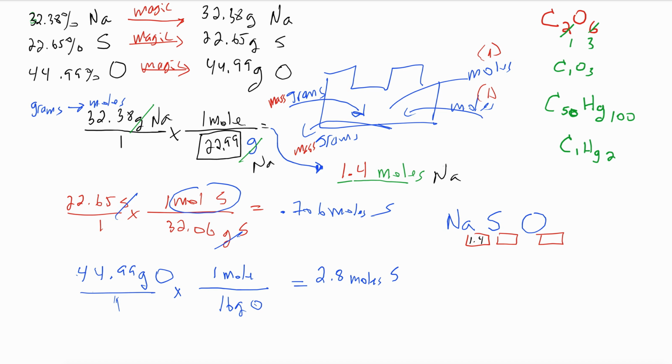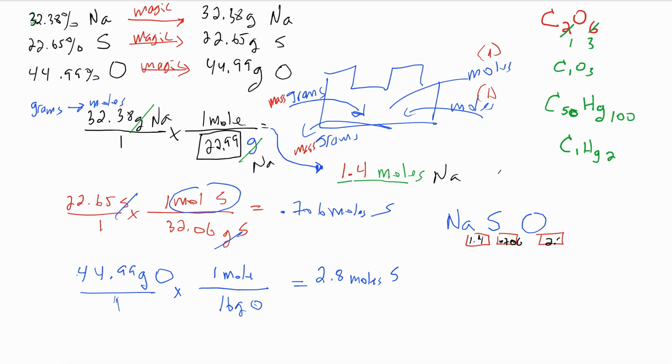What is our moles of Na that we figured out? And what is our moles of sulfur that we figured out? 0.706. And what are the moles of oxygen?